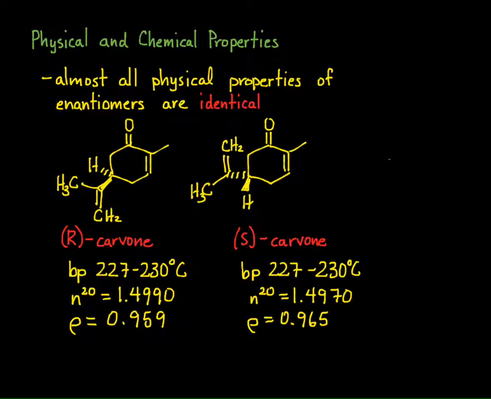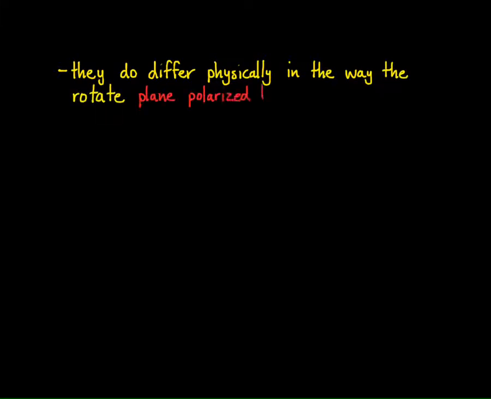It happens that there is really one main way that you can differentiate them, right? They differ physically in the way that they rotate plane polarized light. Now, this is kind of an abstract physical property, but it is a property nonetheless, and this is the way that we can distinguish between the two enantiomers of one another.